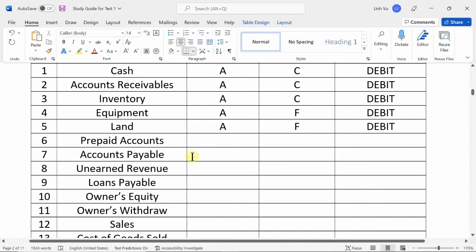What about a prepaid account? So for instance, prepaid rent. You paid for it in advance. Would it be a liability? Not necessarily. You make the payment in advance, so you don't owe anybody money. You paid in advance for services.